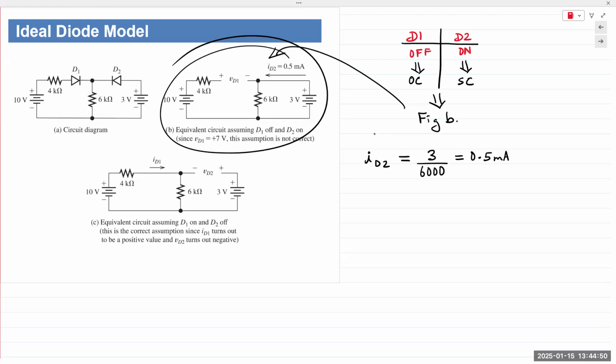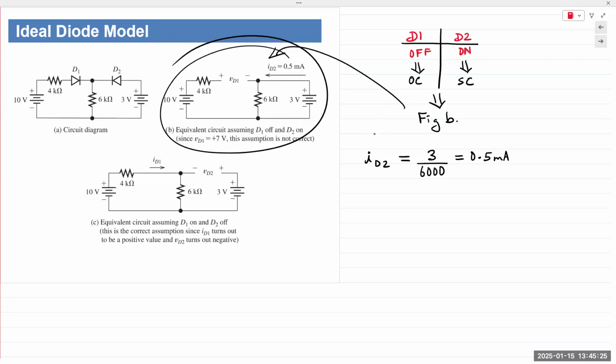It's 0.5 milliamps, a positive value. What does it mean? If the diode is on, positive current must flow through the diode. That means my assumption is valid. D2 is on.